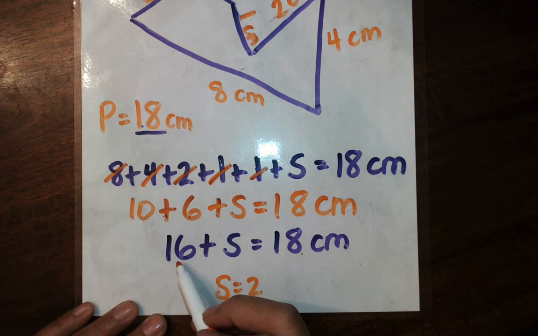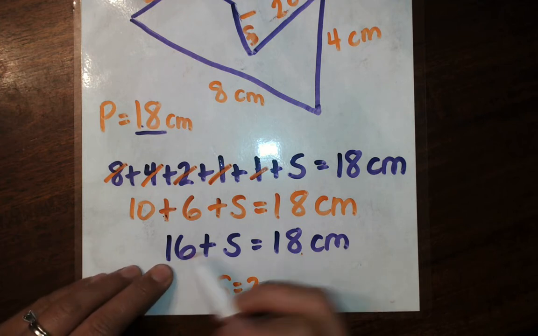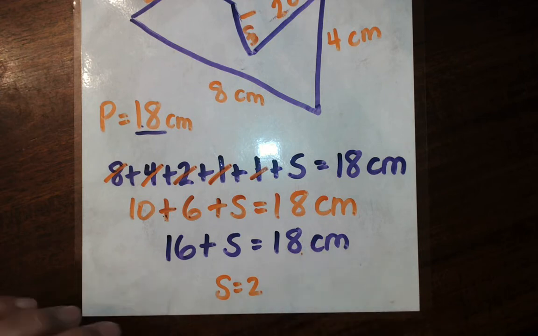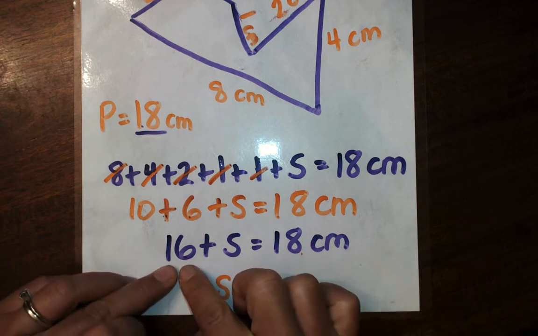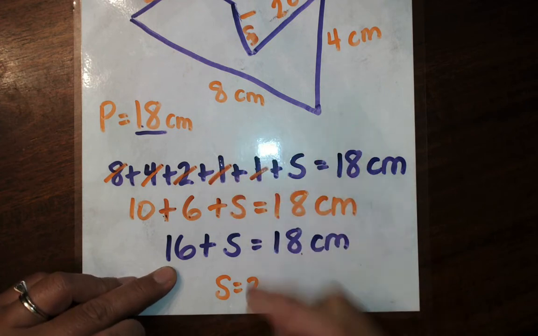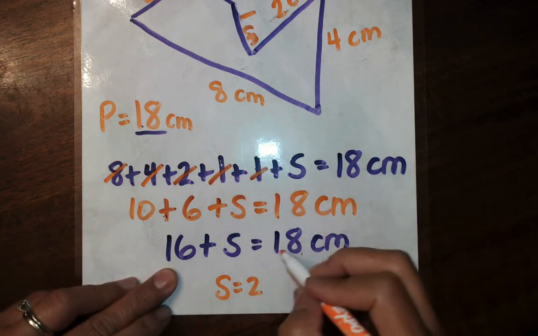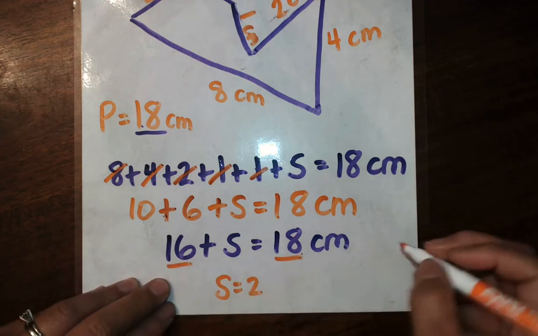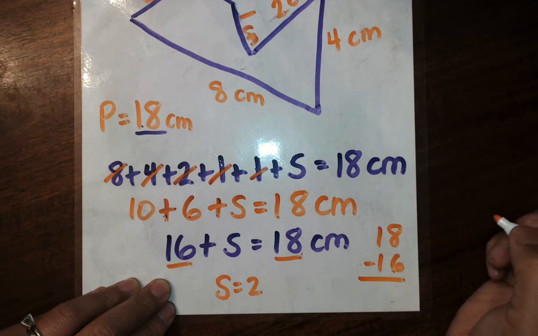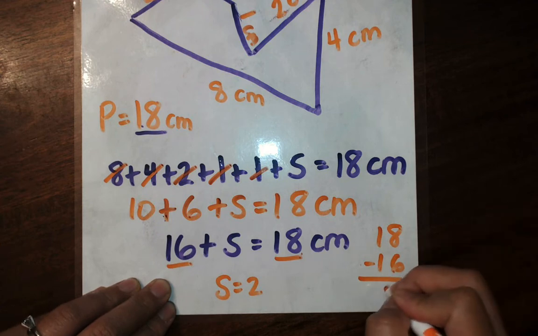I can also count up, starting at 16, stopping at 18, and however many that is, that's what S equals. 16, 17, 18. Yeah, S is 2. Or you can subtract: 18 take away 16 gives you 2.